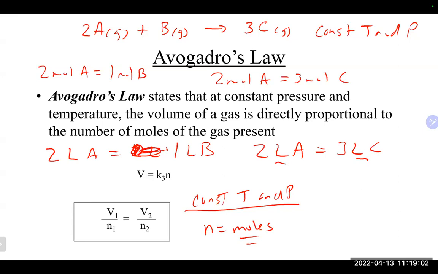So that's one consequence of Avogadro's law, this relationship of moles and volume being equal to each other in a sense when we're under constant pressure and temperature conditions. Obviously, the volume in the calculation can be any volume unit you want, and clearly the moles need to be in moles to use that.